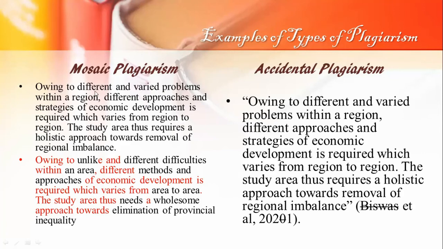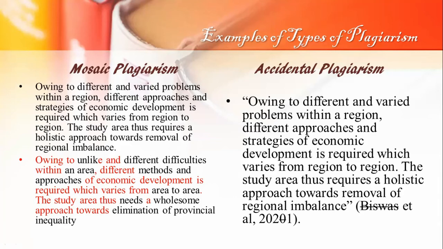So instead of "different," I use a synonym, "unlike." Instead of "varied problems," I use the words "different difficulties," etc. So certain words are non-plagiarized, and certain words are fully plagiarized. The ones in red are fully plagiarized.